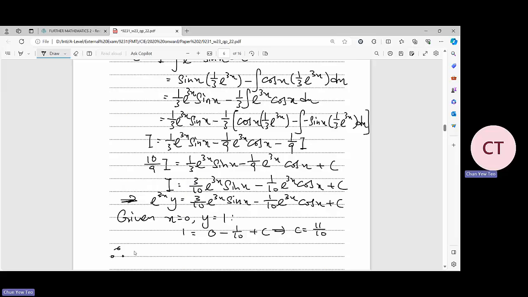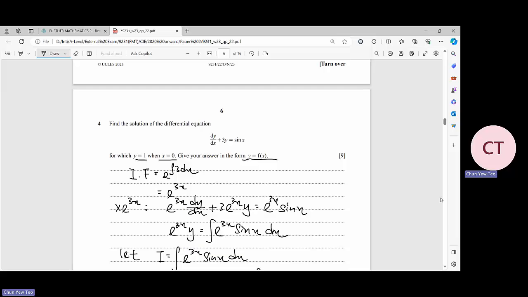So therefore, your y will be equal to 3 over 10 sin x minus a 1 over 10 cos x plus the 11 over 10 e power negative 3x. Okay, so this will be the answer for question number 4.